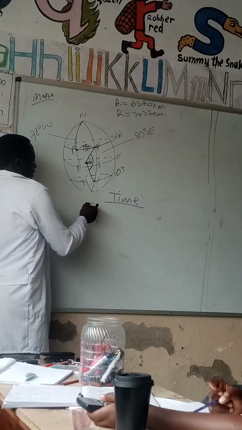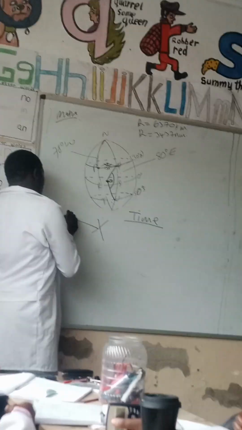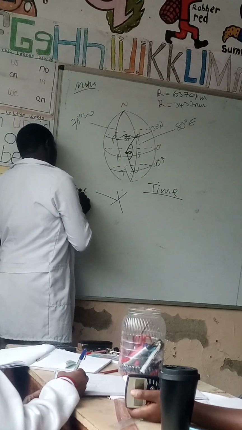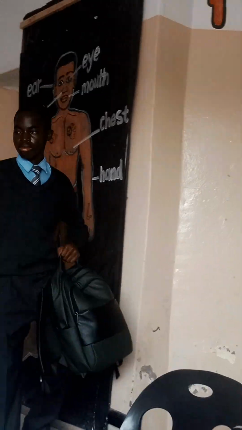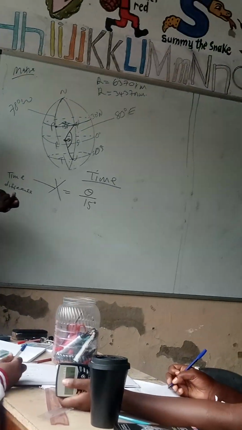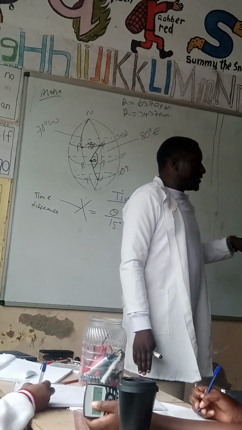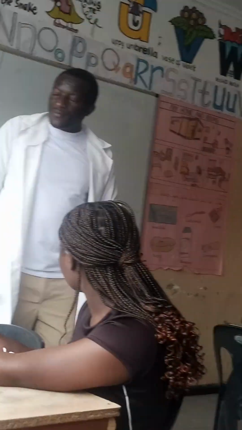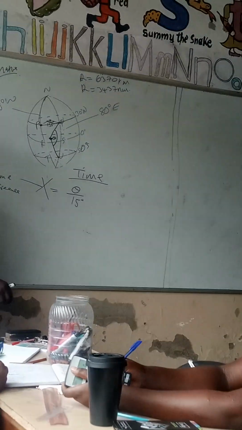But we need to know this formula: x represents the time difference. We have theta over 15 degrees. This formula helps us find any time at any point between these places.